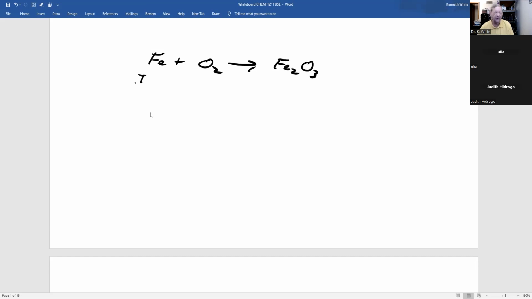You take iron and react it with oxygen gas, O2, and you'll get ferric oxide, also known as iron oxide, also known as rust.